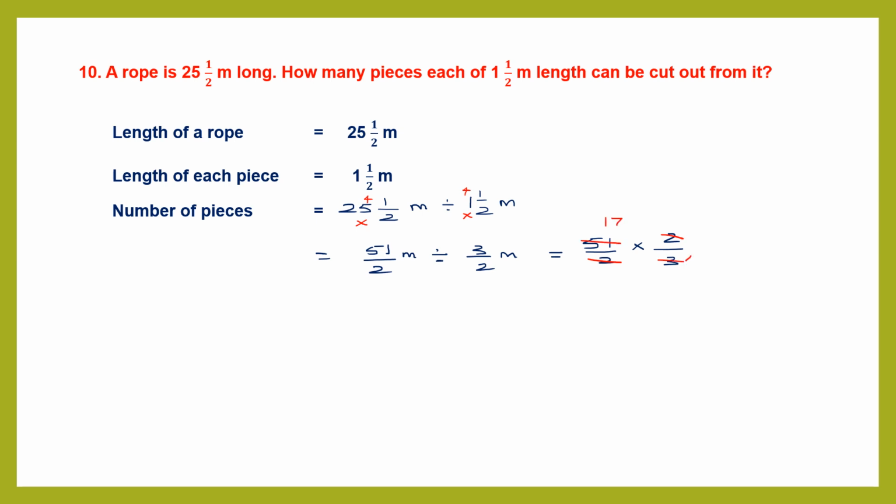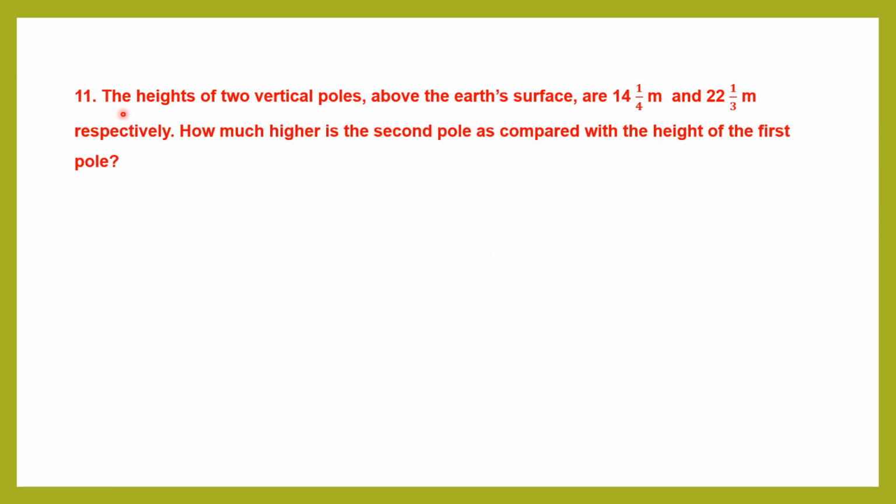So 3 ones are 3 and 3 into 17 is 51. So now in the numerator we have 17, in the denominator we have 1, 17 by 1 is 17. So the number of pieces that can be cut out from it are 17. Okay, so the number of pieces of rope that can be cut out will be 17 pieces.